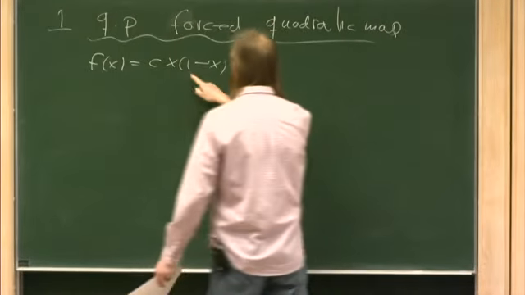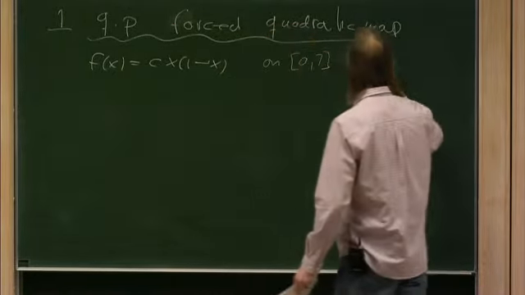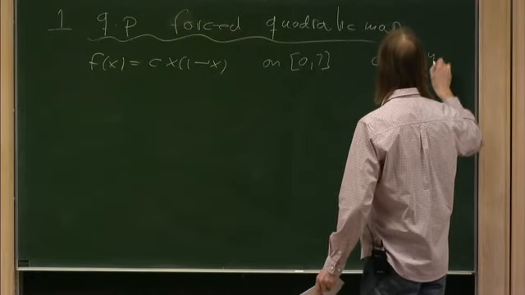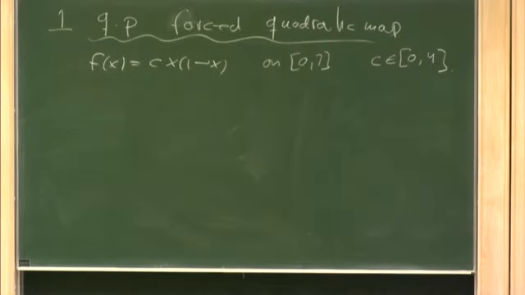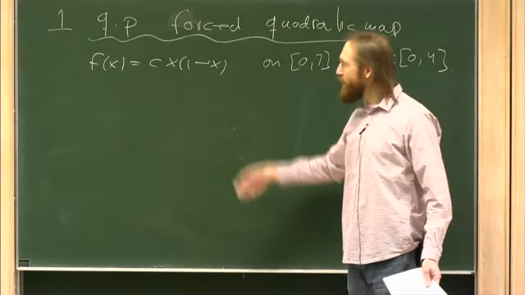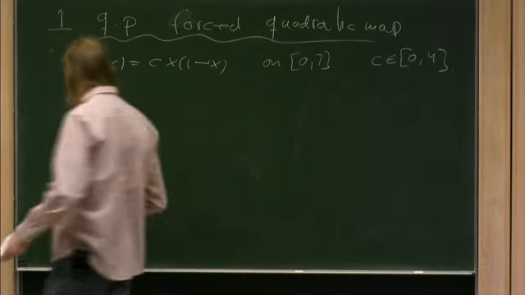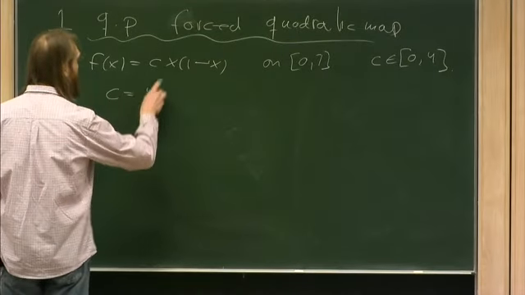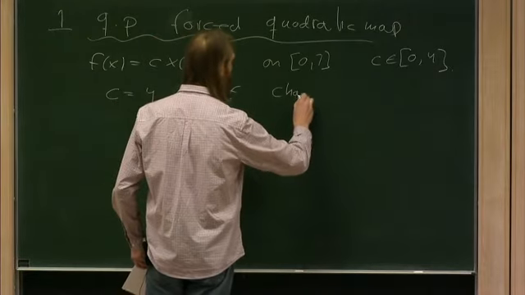It's a quadratic map on the interval 0 to 1, and C is some parameter between 0 and 4. And then you want to understand the dynamics of this. For the last 20 years, we now have a very good understanding of the dynamics of this map. For example, if I take C equal to 4, then this f is chaotic.